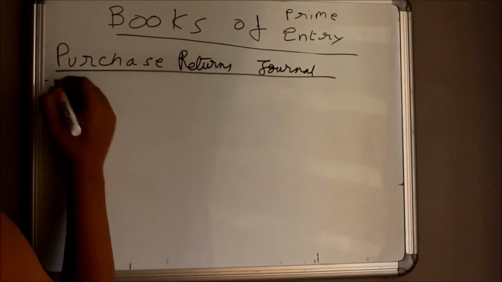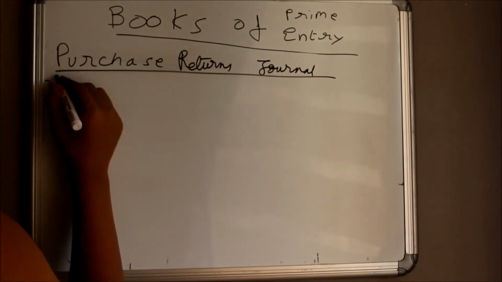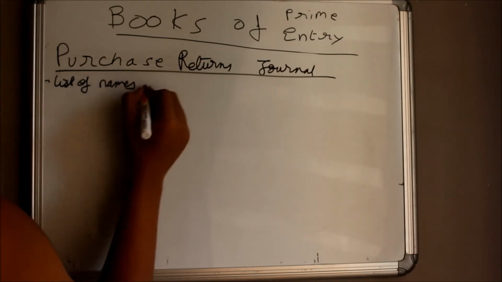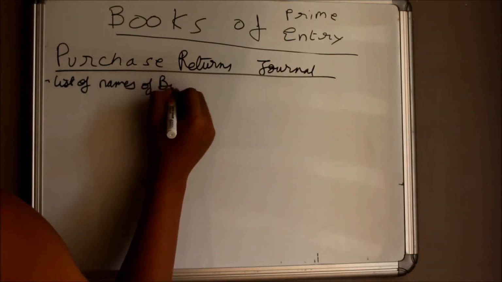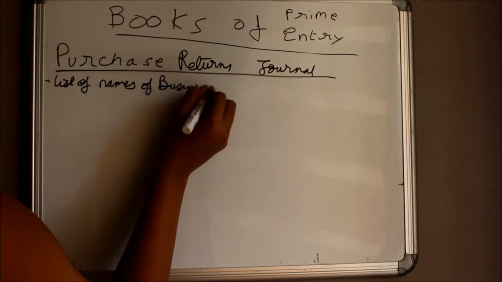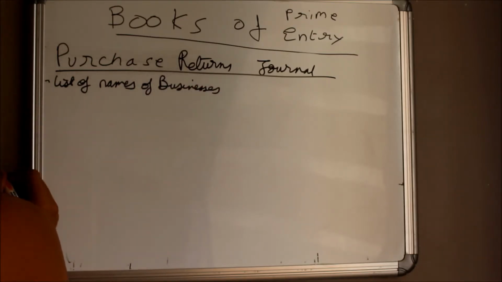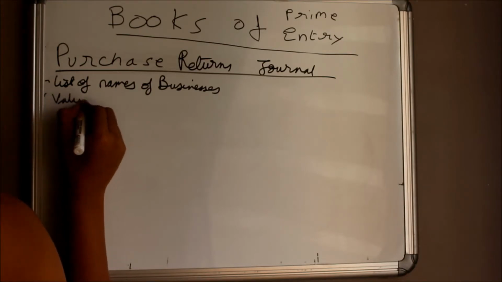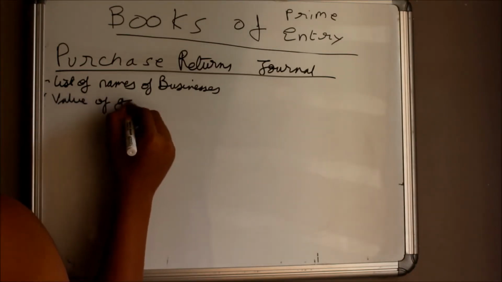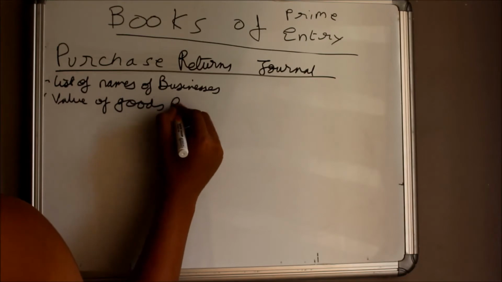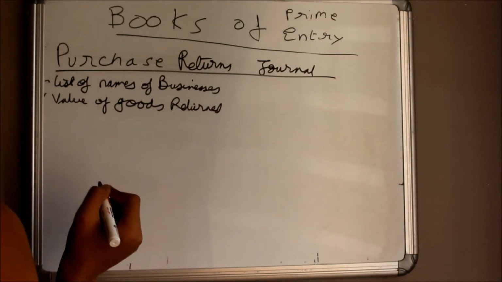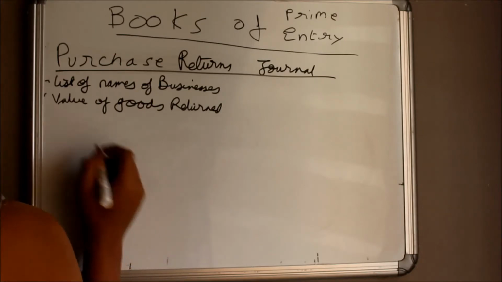It consists of the list of names of businesses, the value of goods returned, and then it consists of the dates on which the returns were made.